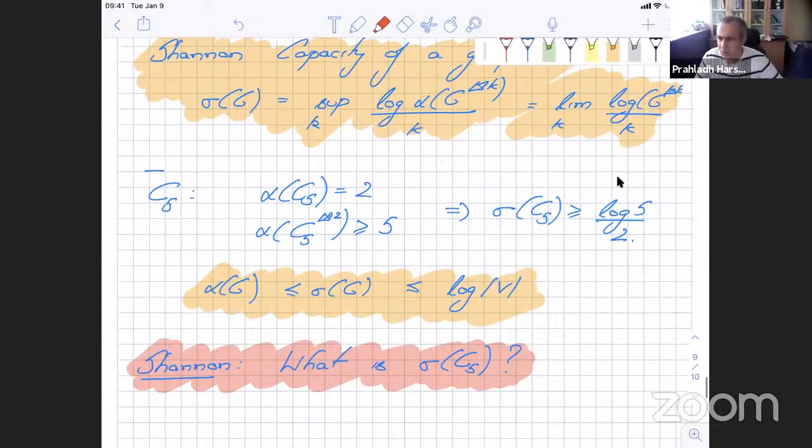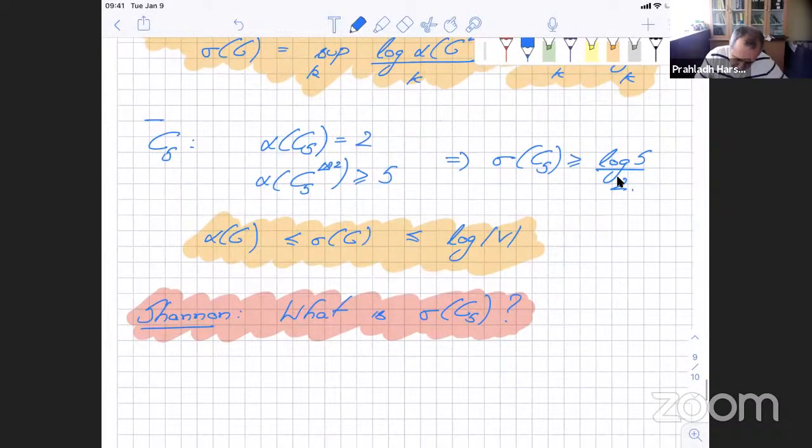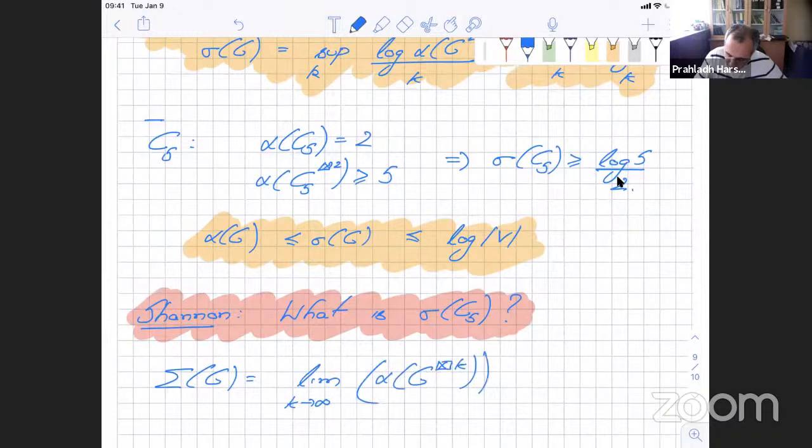So we will work with something that's almost the Shannon capacity. Capital sigma G is going to be the limit as K tends to infinity of alpha of G to the power K, the whole to the power 1 over K. If you recall, this is just 2 to the power sigma G. So we'll work with capital sigma G instead of small sigma G. It's just the same, just 2 to the power of whatever exponent we had.